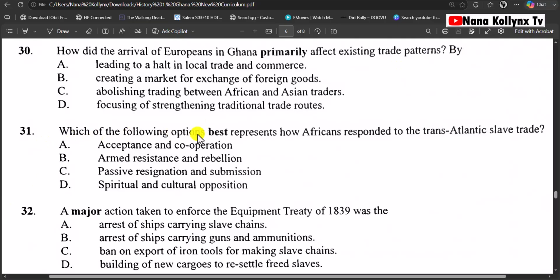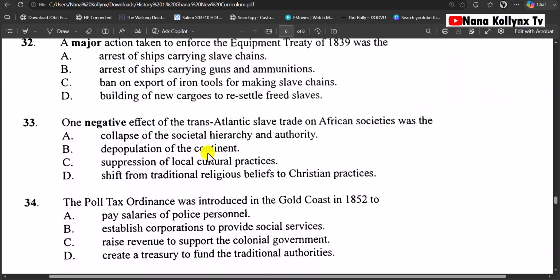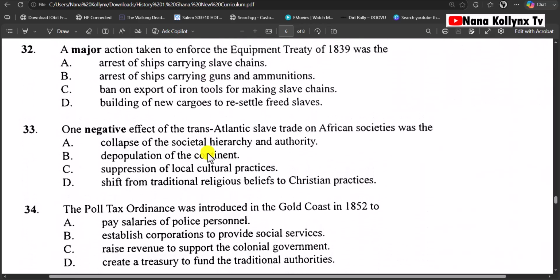Number 31. Which of the following options best represents how Africans responded to the transatlantic slave trade? Let's move to 32. A major action taken to enforce the Equipment Treaty of 1839 was the.